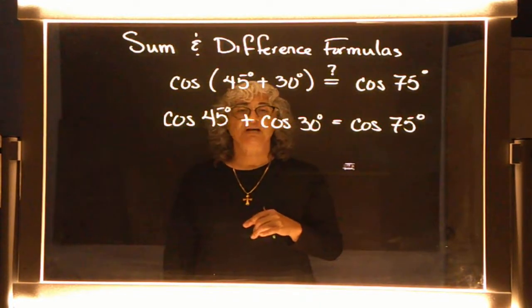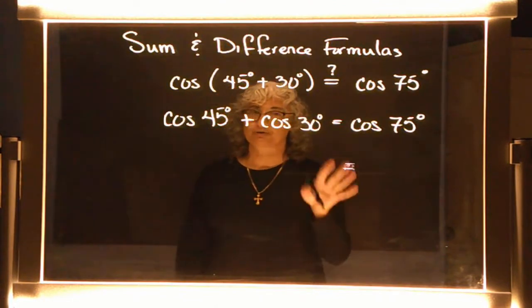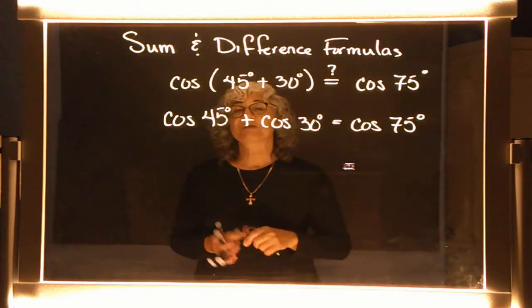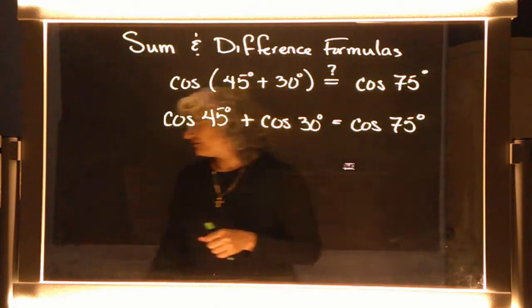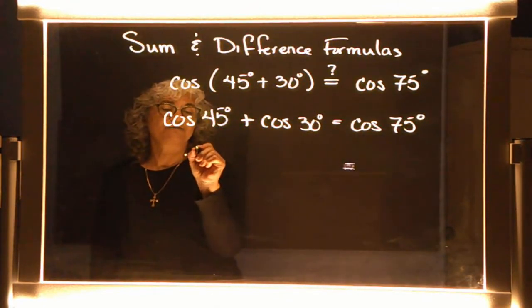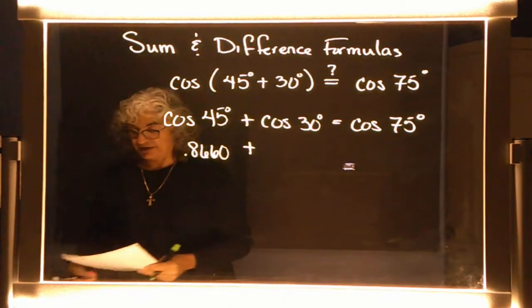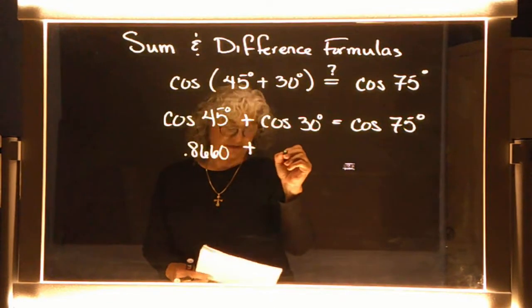Some of you have your calculators out already, so great, make sure your calculator's in degree mode before you start punching anything in. I've already worked this out, and here's what I have found. The cosine of 45 degrees is this 4-digit decimal.